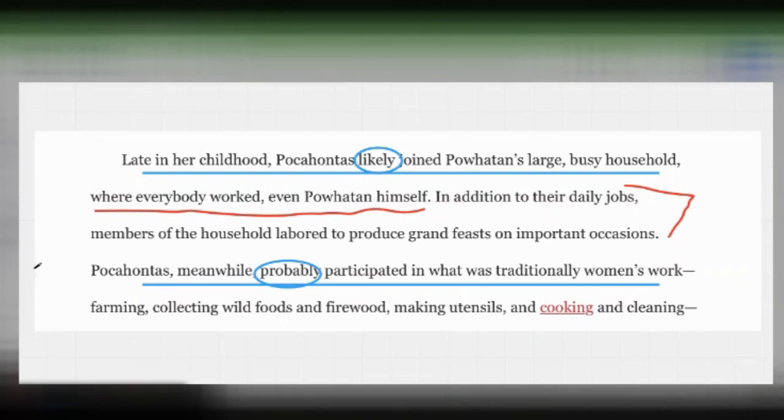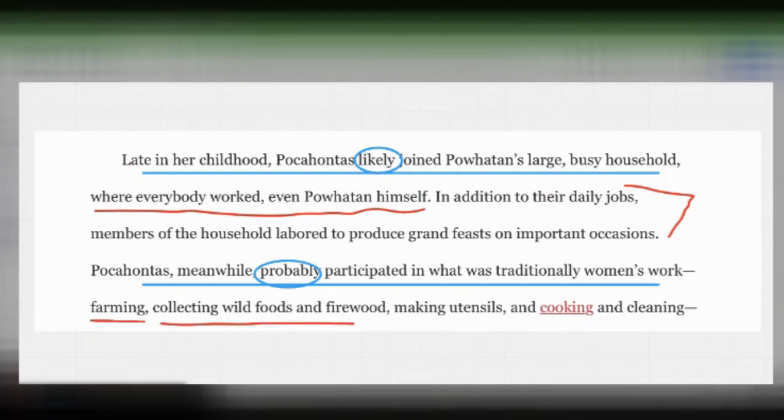Again, she doesn't know that for sure, but what she does know for sure is that within the Powhatan Empire, women farmed, they collected wild foods and firewood, they made utensils, they cooked, they cleaned. Those are all things that she knows for sure.